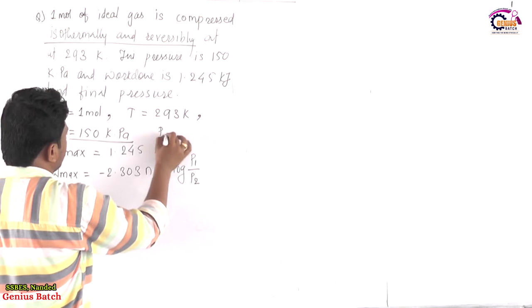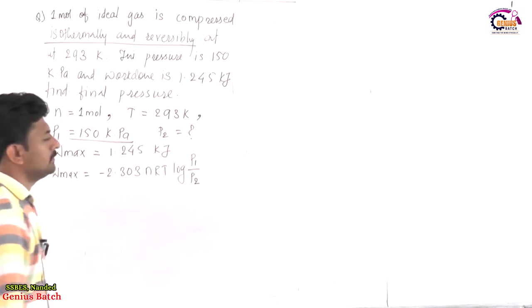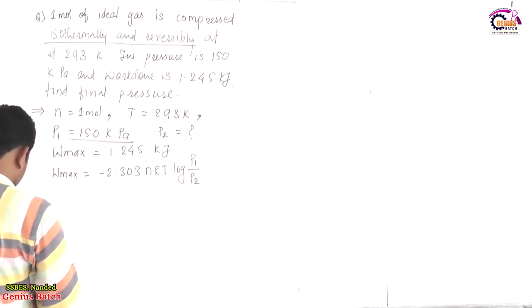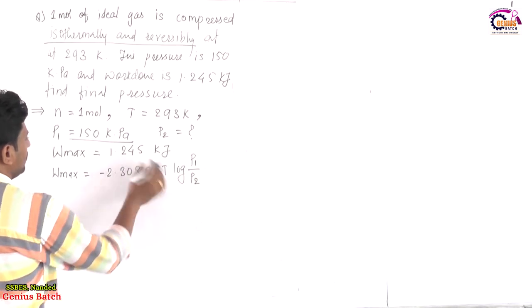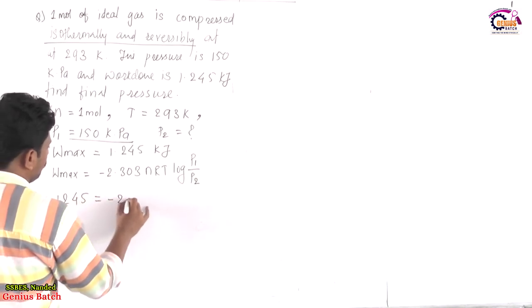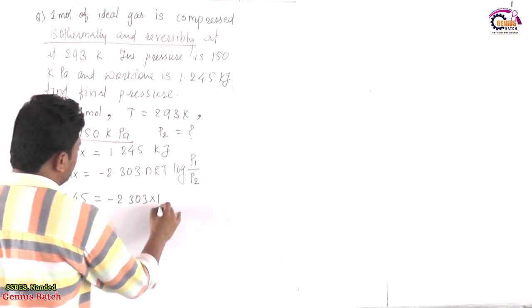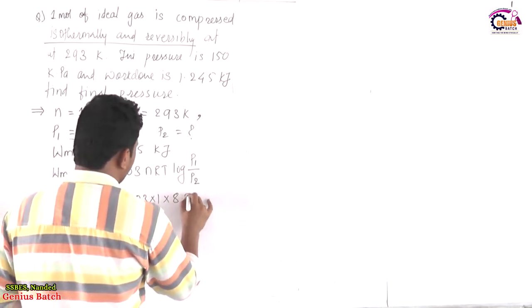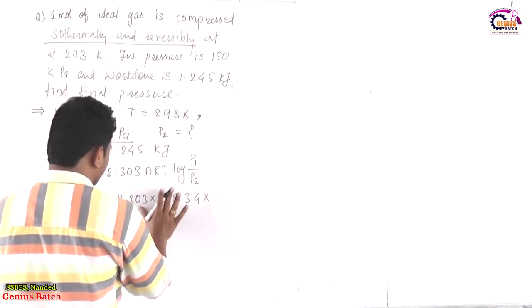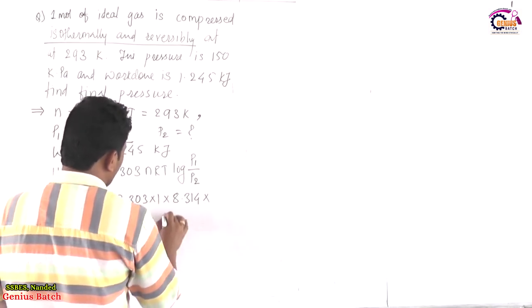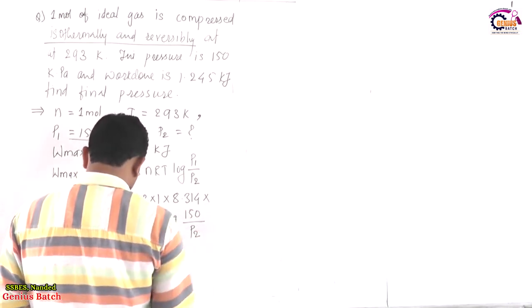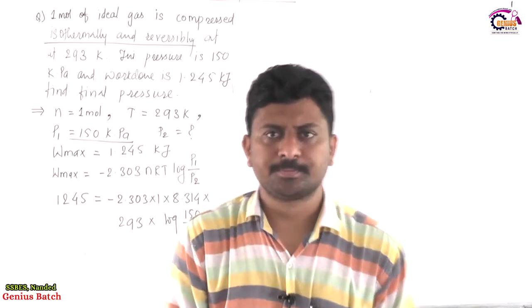P1 is given and P2 we are about to find. तर ह्यात आपण व्हॅल्यू ठेवून देऊ, पुन्हा पाहू कॅल्क्युलेशन काय करता येईल. ना मॅक्सिमम वर्क डन इज 1.245 किलो जूल, ज्याला जूल्समध्ये घेऊ आपण 1245 minus 2.303 n value 1, value of R this should be 8.314, temperature 293 kelvins it is, into log of P1 value 150, P2 we are about to find. Okay, so these are the values.